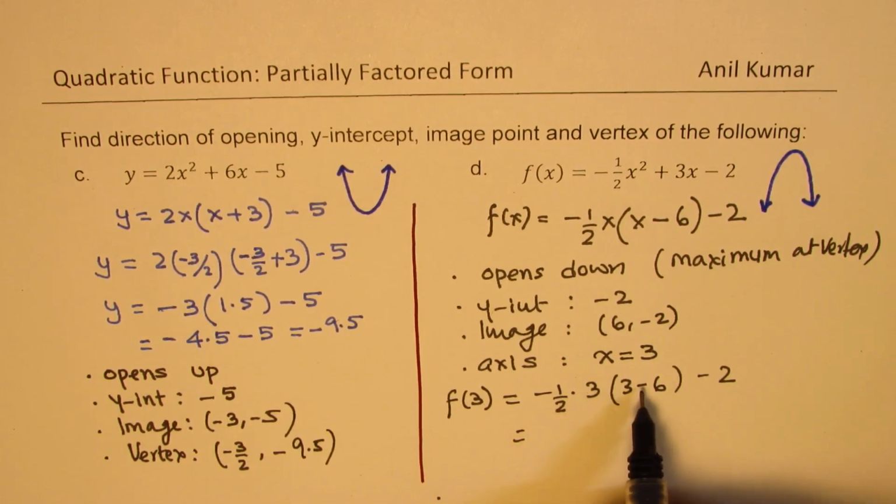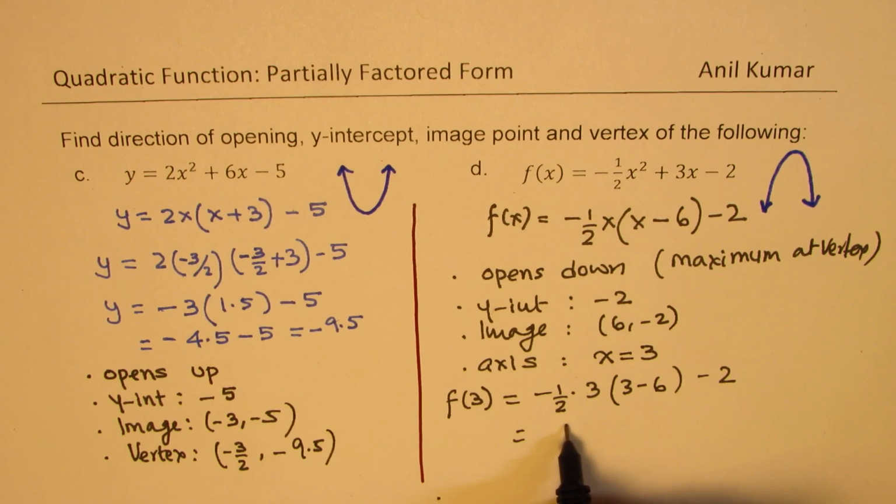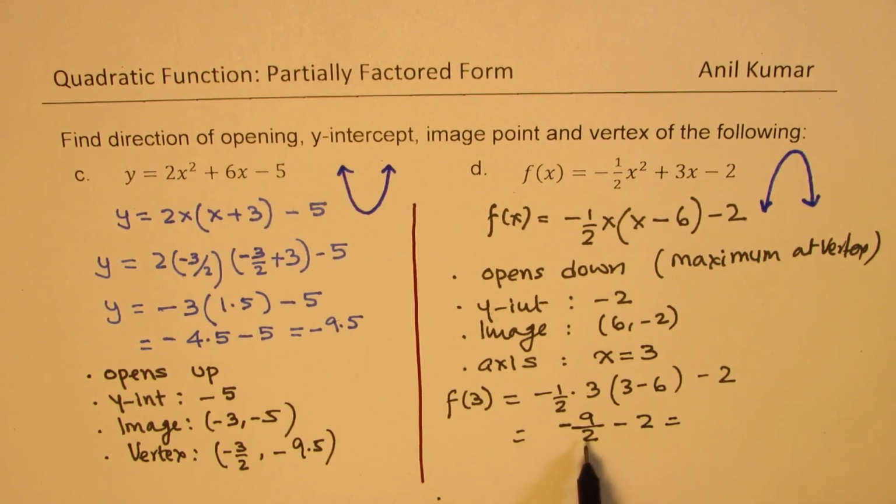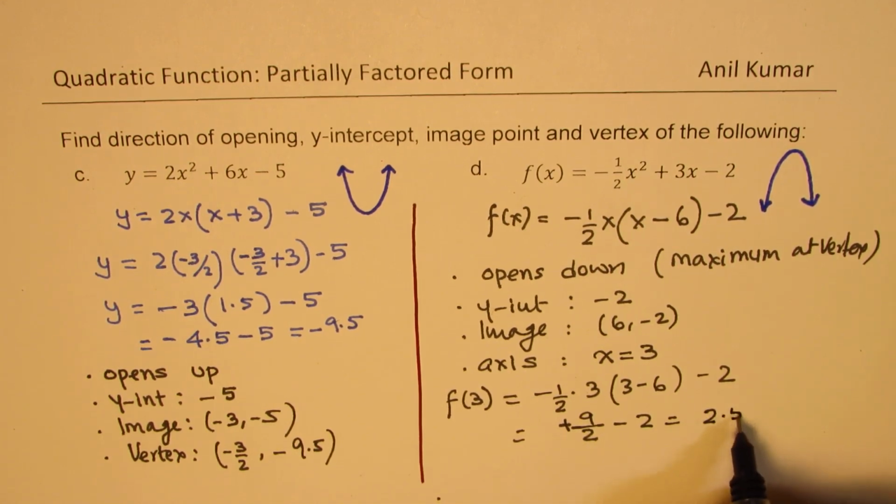So 3 times 3 is 9, 9 over 2. So we have minus 9 over 2. And here we have -2, which, 9 over 2 is 4.5, right? Sorry, this is negative, negative becoming positive. So it is 4.5 minus 2, so it is 2.5.